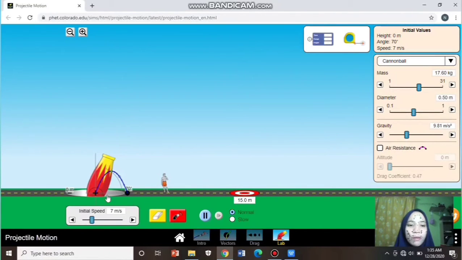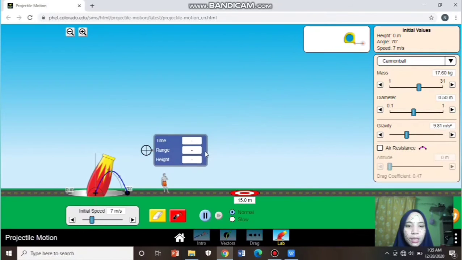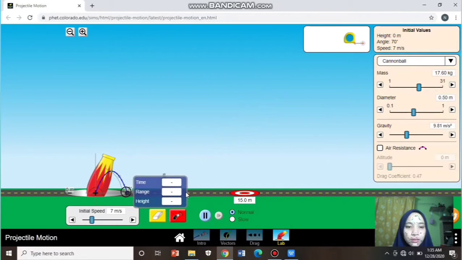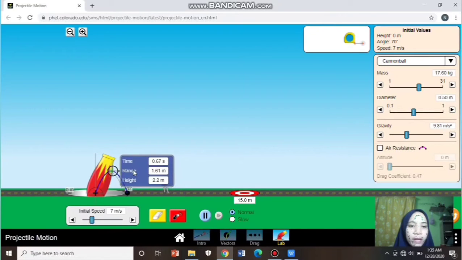Okay, now we want to measure the range of the cannonball from here to here. We just use this and put here, so we can get the range of the cannonball and the height of cannonball. You need to put here.